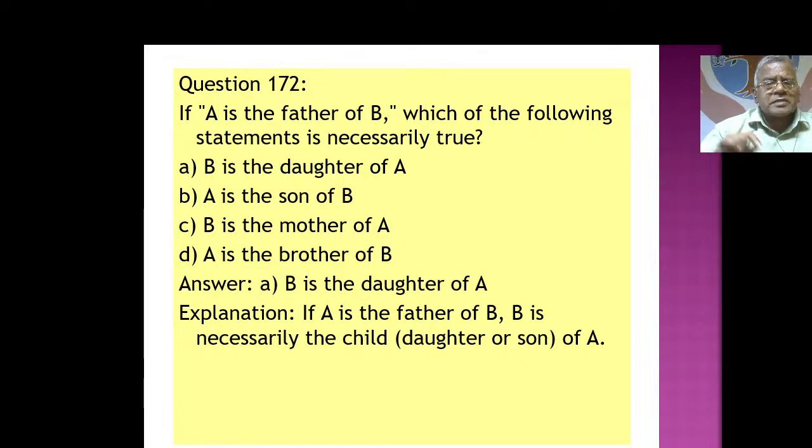Because A is the father of B, B should be either the son or the daughter. So B is the daughter of A is a logically correct statement. It can be a daughter, it can be a son. Given in the alternative, B is the daughter of A, it logically follows. So if A is the father of B, B is necessarily the child, that is the daughter or son of A.